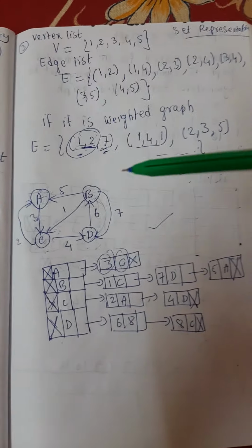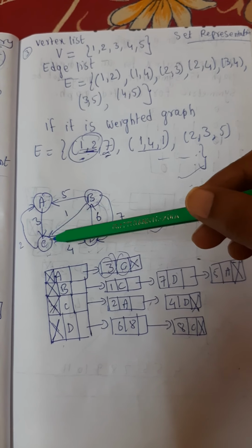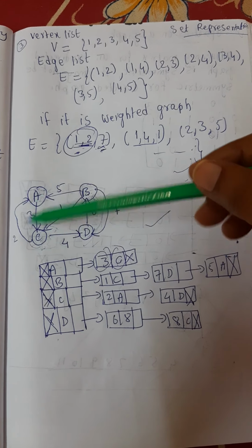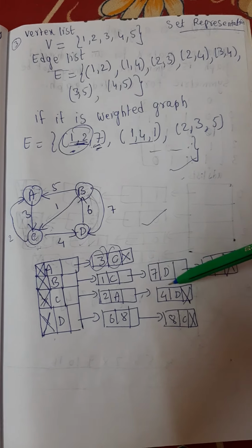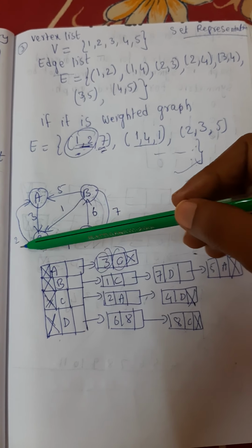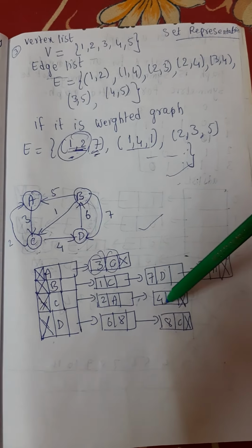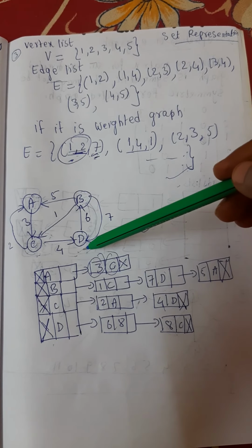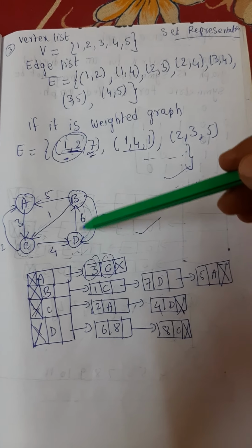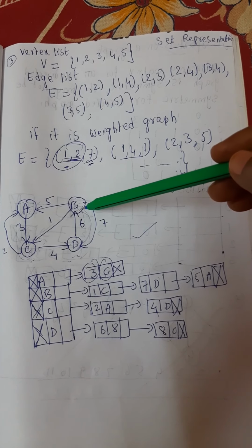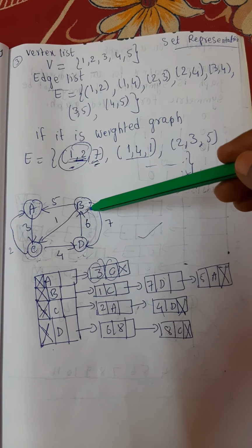So, now coming to C. C adjacent vertices are A and D. So what is the weight you have? 2 and another one you have is 4. Now for D, the adjacent vertex you have is B. Sorry, something I missed here.